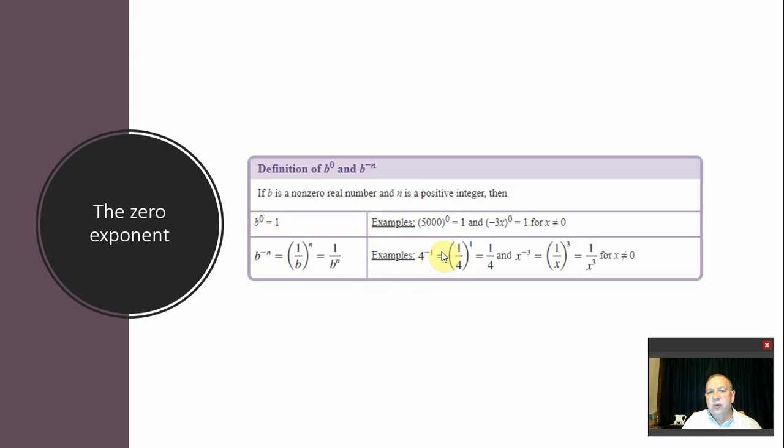I'm going to write this 4 to the negative 1 as 1 over 4 to the 1, which is 1/4. If I have a negative exponent, I'm just writing it down to the bottom. x to the negative 3 is 1 over x to the 3rd power in the denominator. So I can move a negative exponent to the bottom. And if I had a negative exponent at the bottom, I could move it up. I just flip it.